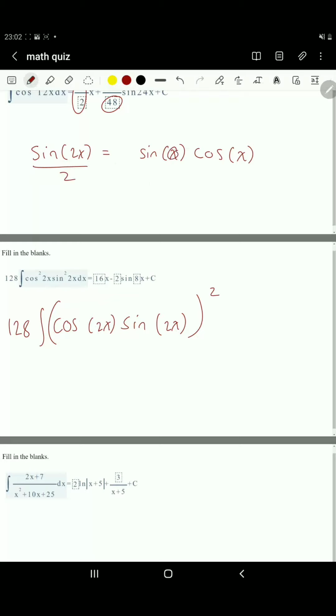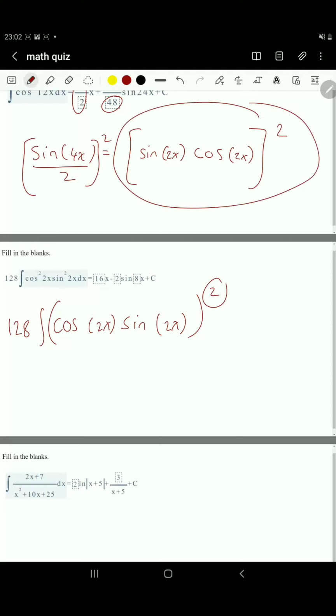Okay, but we're not talking about cosine x and sine x. We're talking about sine 2x and cosine 2x. So our x gets replaced by 2x. This is just 4x. Now we need it squared, so we square this side and we square this side.